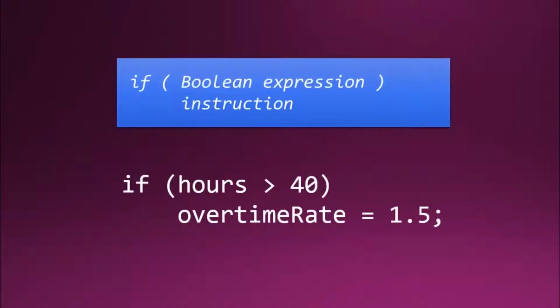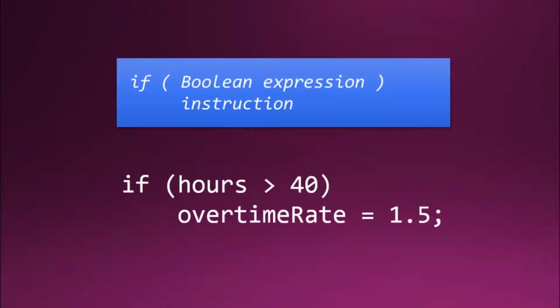It looks like this. If, and then inside of parentheses, this Boolean expression is true, then process the instruction or the set of instructions that follow that. So if you look at the example right below there, we see if the variable hours is greater than 40, the overtime rate will be set to 1.5.